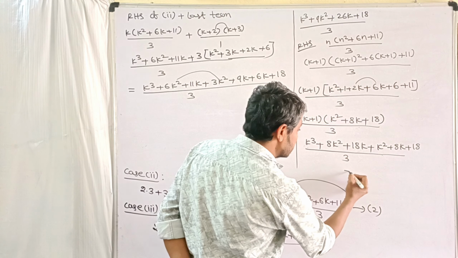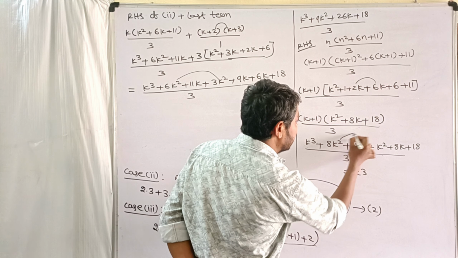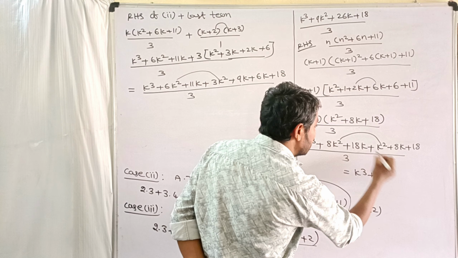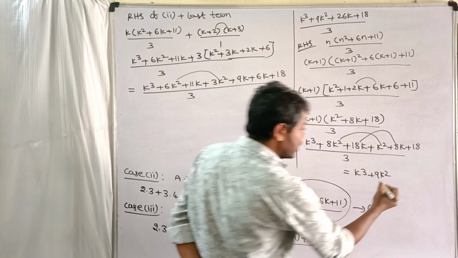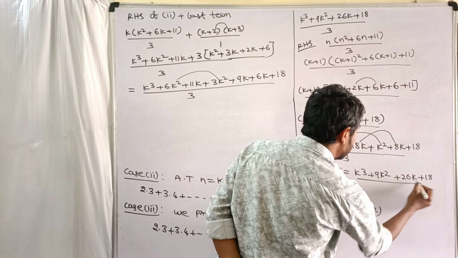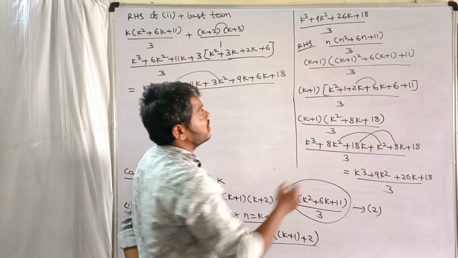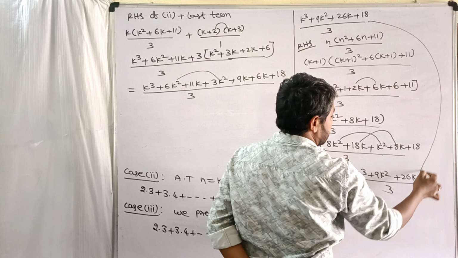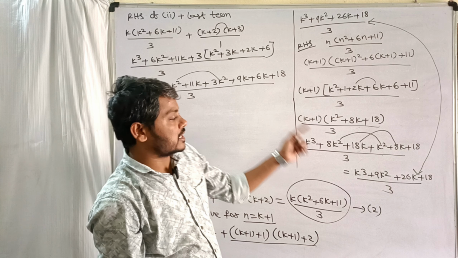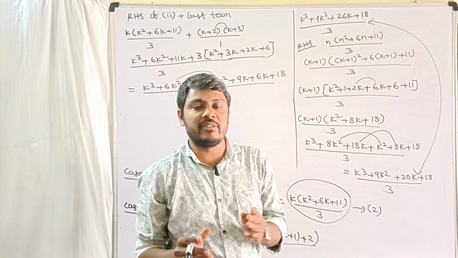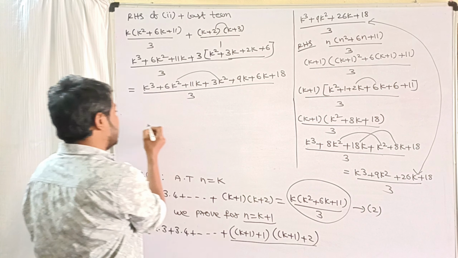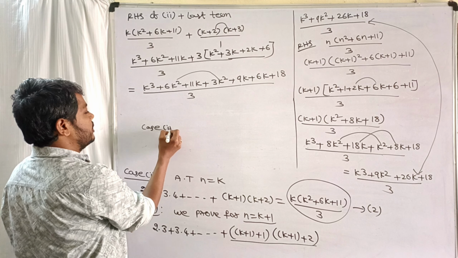Again, which is k cube, 8k square plus k square, 9k square, 18k plus 8k, 26k plus 18 divided by 3. So clearly, this is LHS and this is RHS. So both LHS and RHS are equal. You can say that the given statement is true for n equals k plus 1, and write case 4.